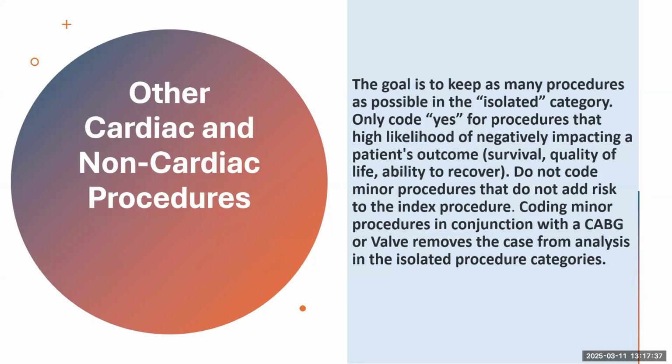Because if you are over coding and you're coding lots of little minor things that may be done in conjunction with a CABG or a valve, then that's going to remove your case from isolation, because you're probably coding it as other cardiac other or other non-cardiac other or something like that, and it's going to throw the patient out of isolation. So we're going to go through a list.